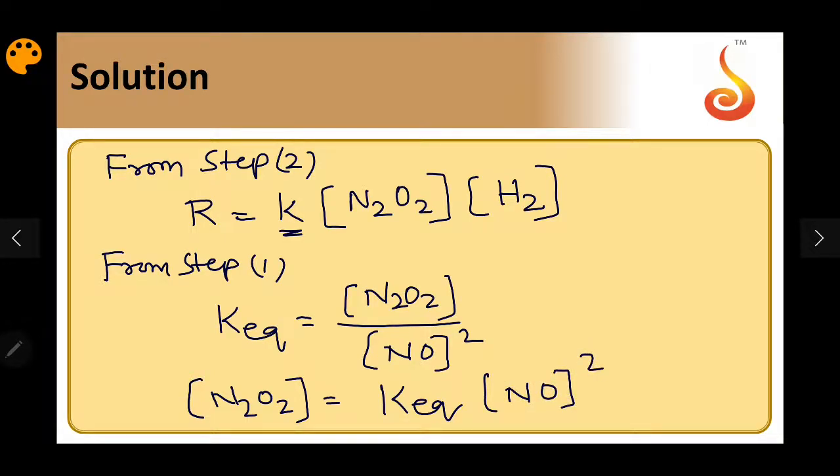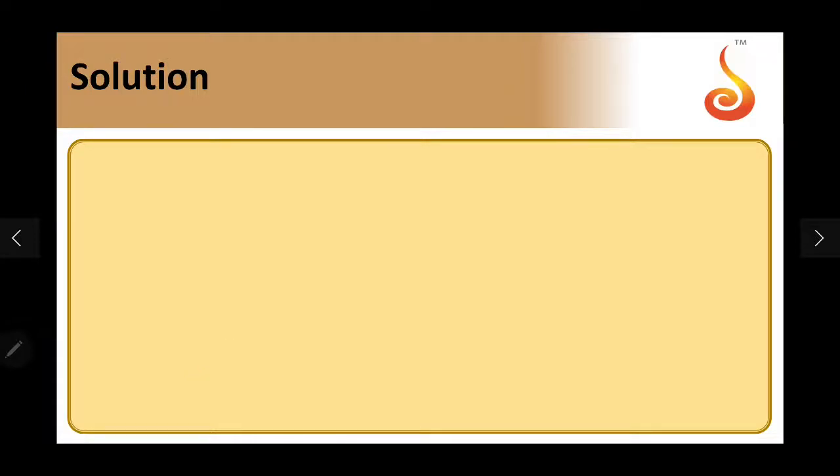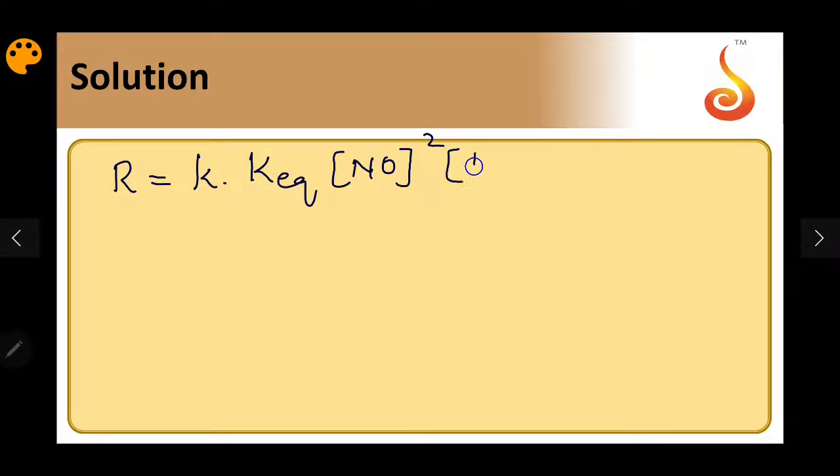Substitute this in the first equation. Let us say this is 2, this is 1. 2 in 1 will give me rate is equal to K into K equilibrium into NO whole square into H2. So I know the K value and K equilibrium value, substitute that.